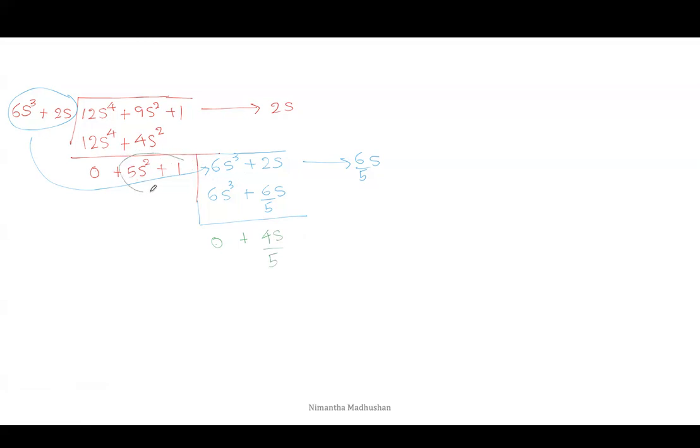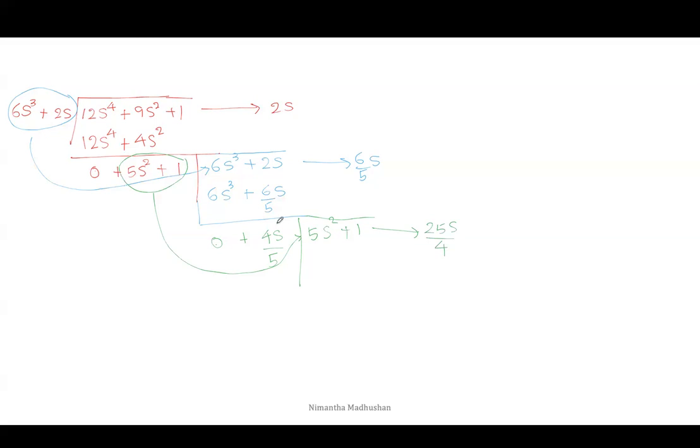Now I'm using this function to replace 5s squared plus 1. Now I divide this function by 4s over 5. From this one, the answer will be 25s over 4.